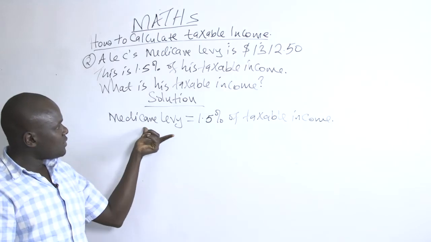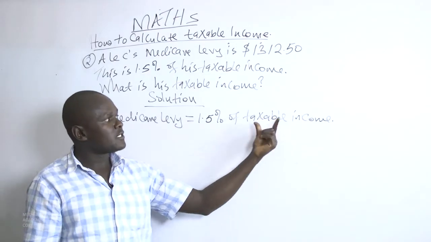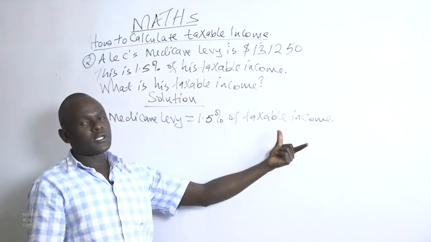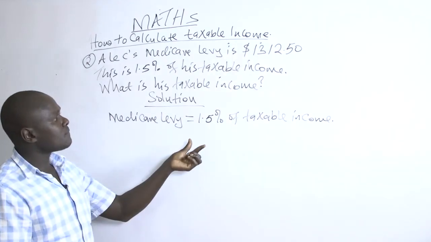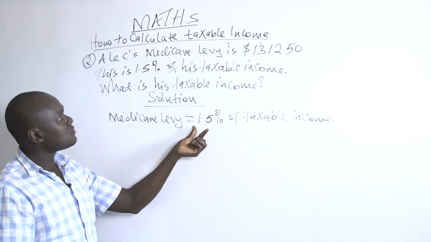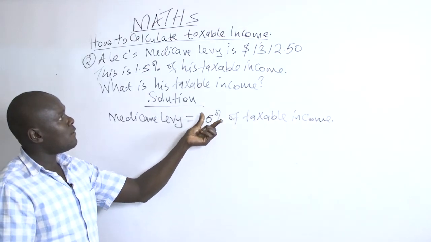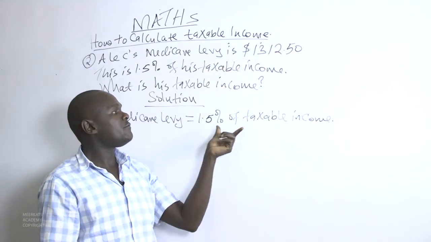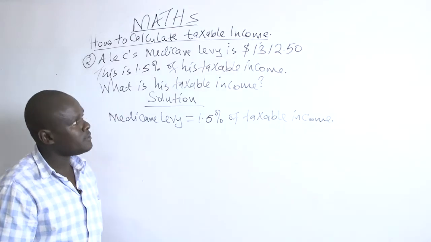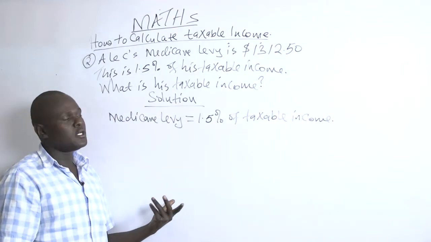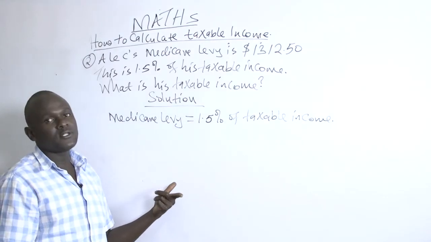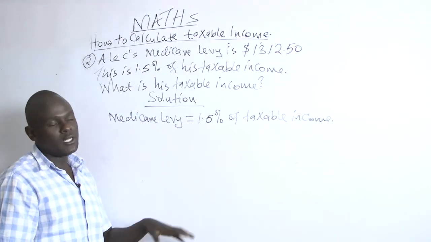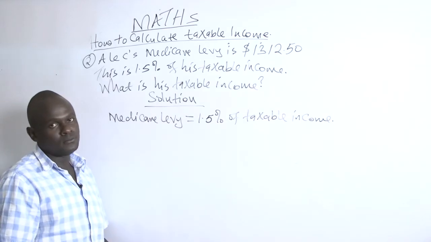If this Medicare levy is 1.5% of the taxable income, and we are looking for the taxable income, so what we are going to do is, if this particular amount is 1.5% of this, what about 100%? Remember, we have already looked at how we get percentages of given quantities in our previous lessons.